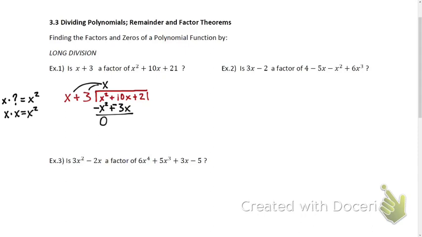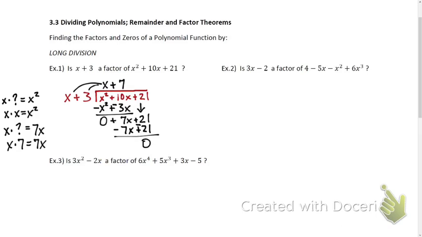So I should get 0, and then I get 7x. 21 drops straight down, and now I'm asking x times something equals 7x. And I hope you know it's 7, so I write plus 7 up here. I distribute the 7, and I get 7x plus 21, flip the signs, and we get 0.